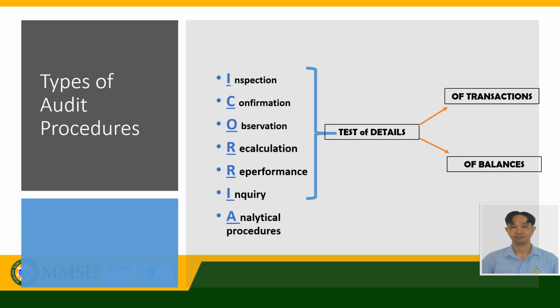Doon naman sa test of details of balances, these are applicable for large volume of transactions. Yung mga pertaining to cash, accounts receivables and inventories, syempre, palaging merong transaction yan. So, mas mahirap na i-test yung transactions niyan, kaya tignan mo na lang yung balances. Focus ka doon sa balances.